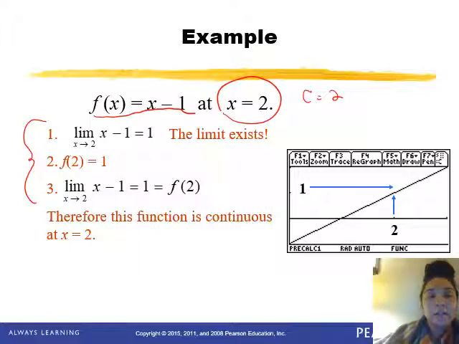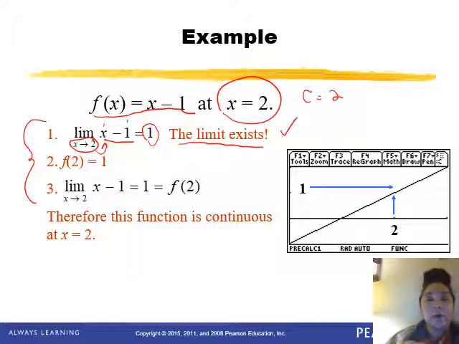And so we find the limit of x minus 1 as x approaches 2. All they did is plug the 2 in for x. So 2 minus 1 is equal to 1. And so the limit exists. Good. Check mark. Now we plug in our value for x equals 2 into our original function. So 2 minus 1 is equal to 1. So a value exists at x equals 2.